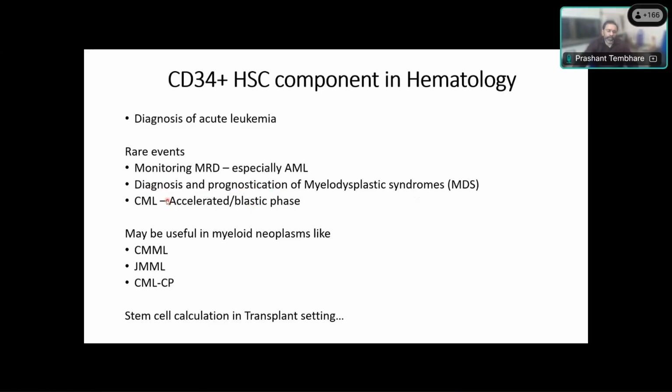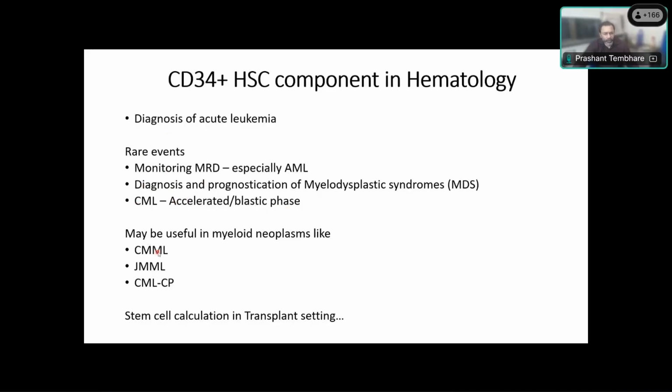If we want to study CML with accelerated phase, especially the blastic phase, nowadays we do not use the term accelerated phase, we use blastic phase. So if we have myeloid blasts more than 20%, or lymphoid blasts at any percentage, it's called blastic phase.